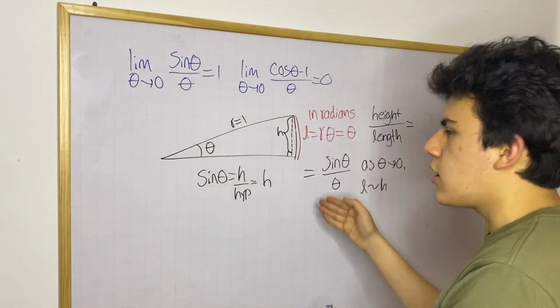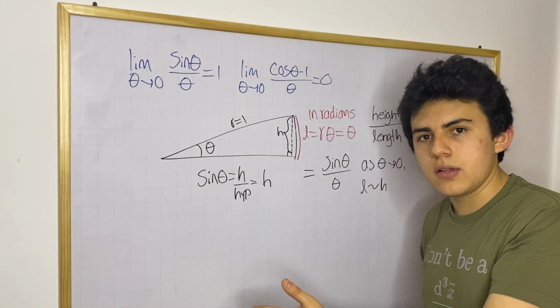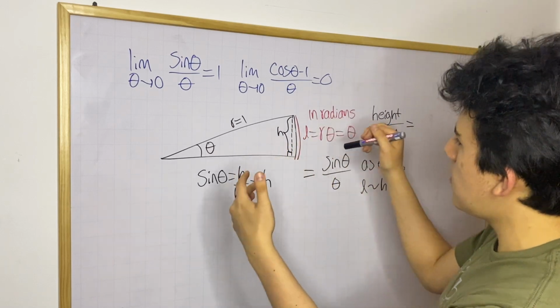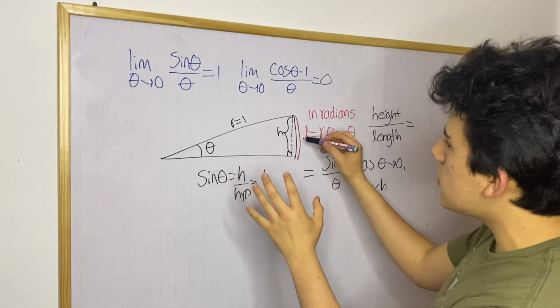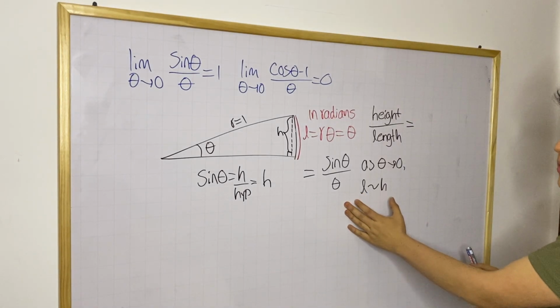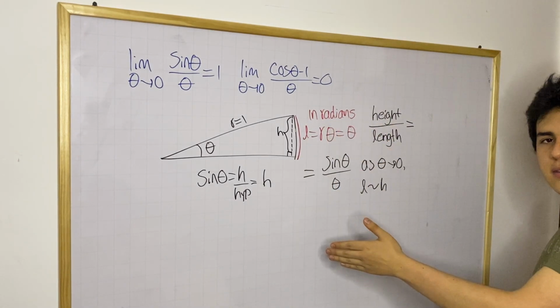Because this curve will become basically a straight line. Because you have a very small angle, and if you zoom out, L will be almost on top of H. And that means that they're almost the same line or the same segment.